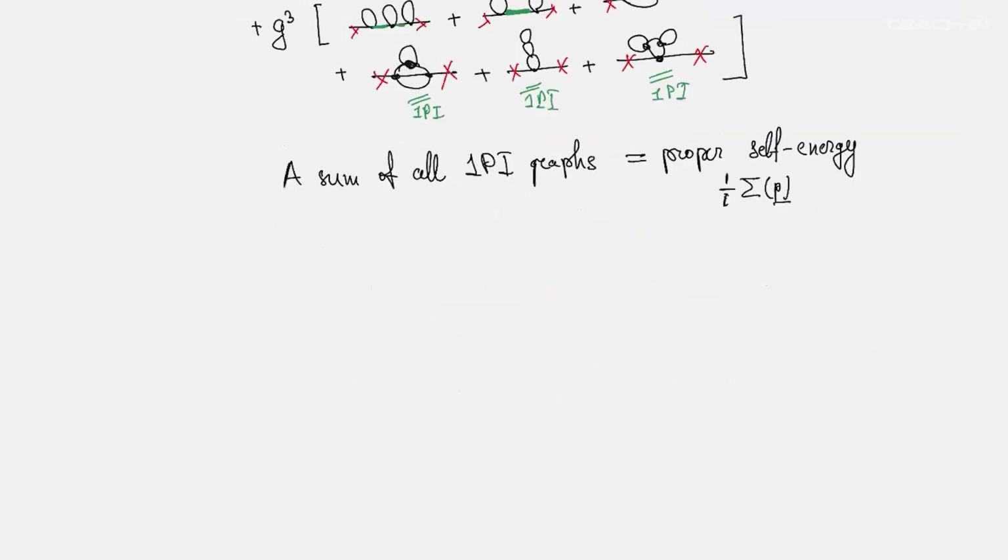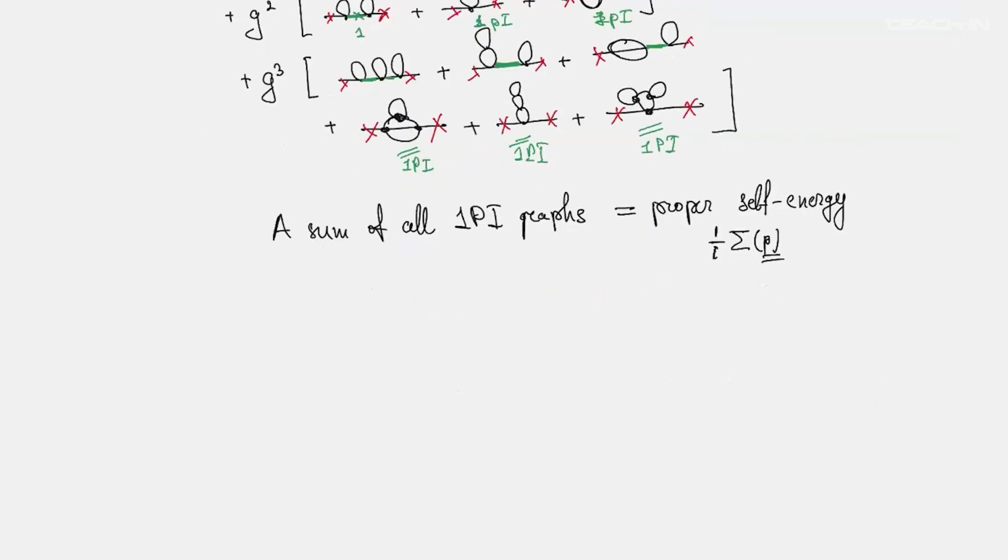Then my Green's function, G2, which is the complete propagator, starts from G0. So I say the complete two-point function starts from the free two-point Green's function G0 of P, and G0 of P is just the usual Feynman propagator, 1 over P squared minus M squared. And then what can I have?